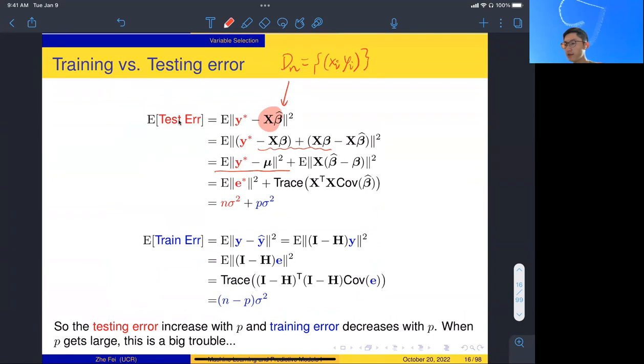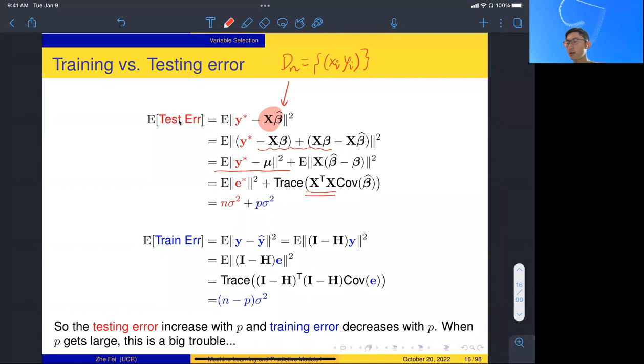And then the second term is the difference, where X is the testing sample X. When we calculate this X times beta hat minus beta, it follows this formula, and it's the trace of this matrix, X transpose X times the covariance.